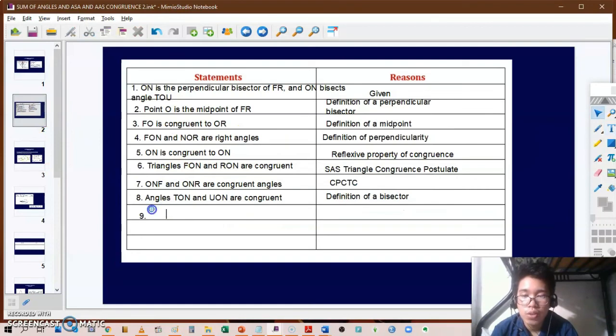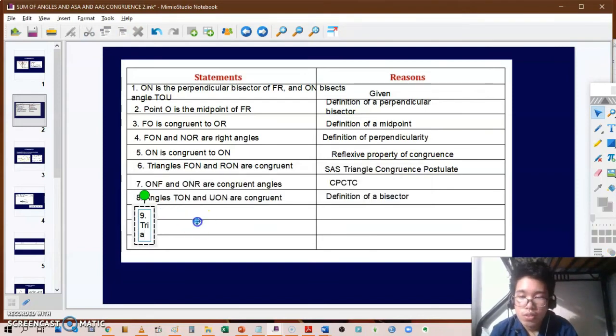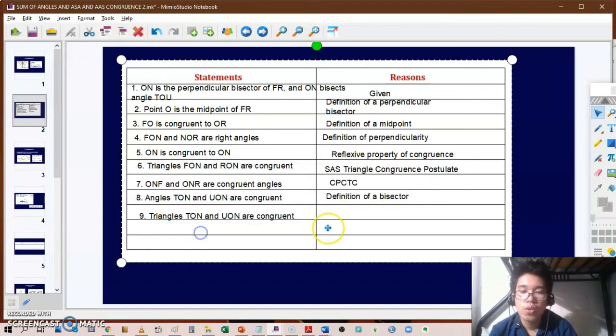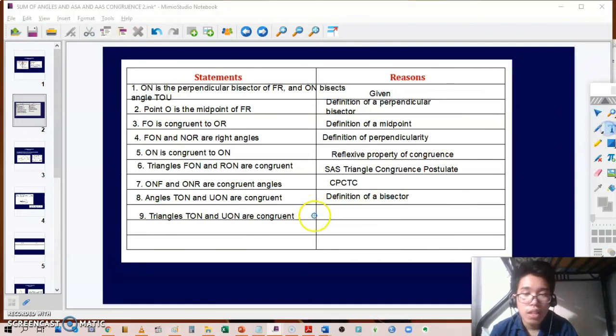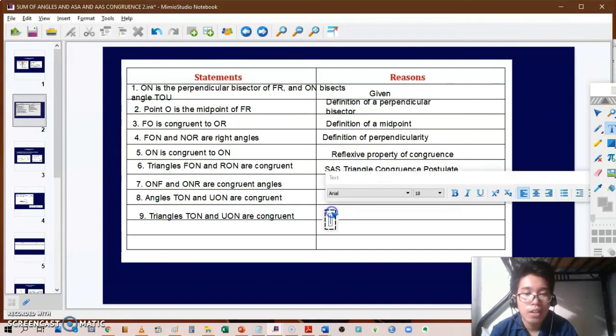We've proven the angles are congruent, so it's now time to prove that the two triangles are congruent. They are congruent because of the ASA, or angle side angle, triangle congruence postulate.